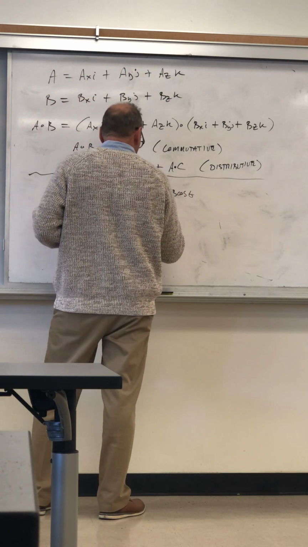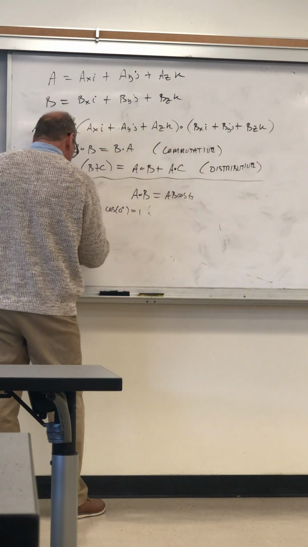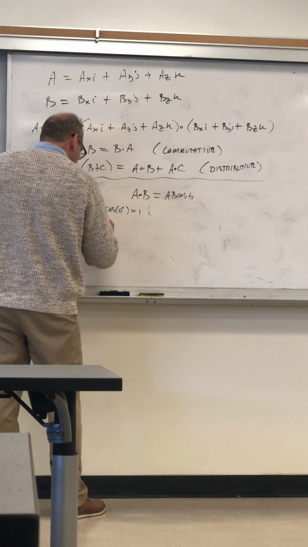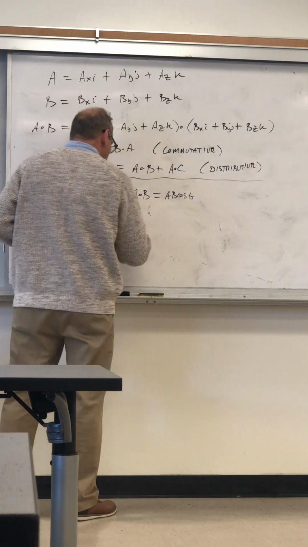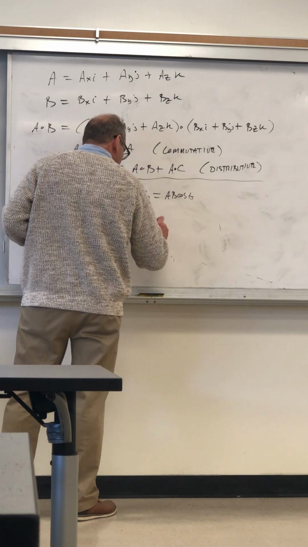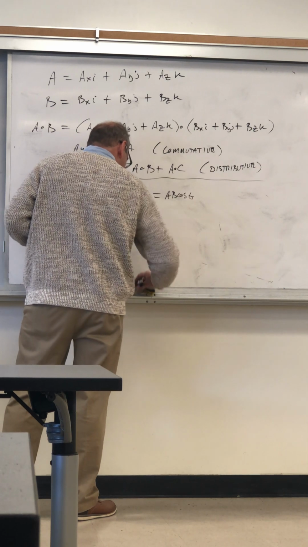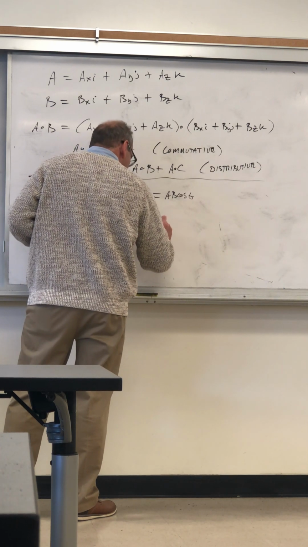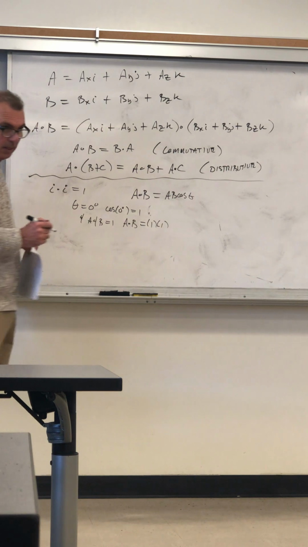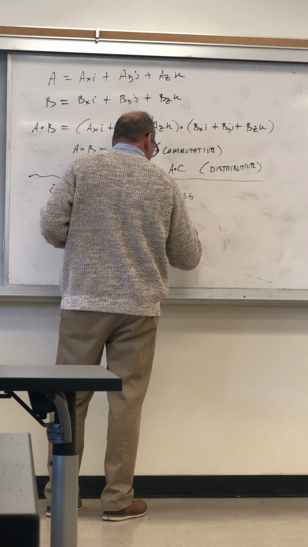And A and B values are 1. So A dot B in that case is 1 times 1. 1 times 1, that's the A times B, and then cosine of theta is 1. So that's how we get I dot I equals 1.